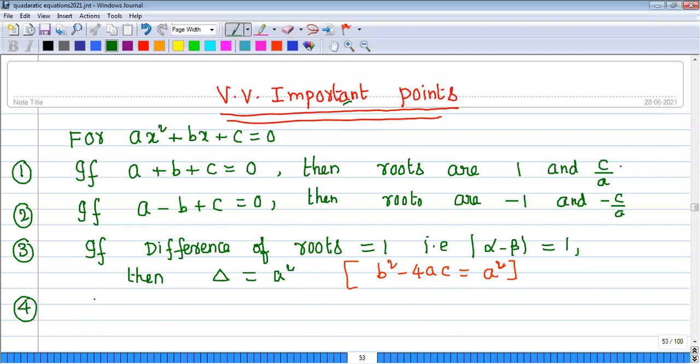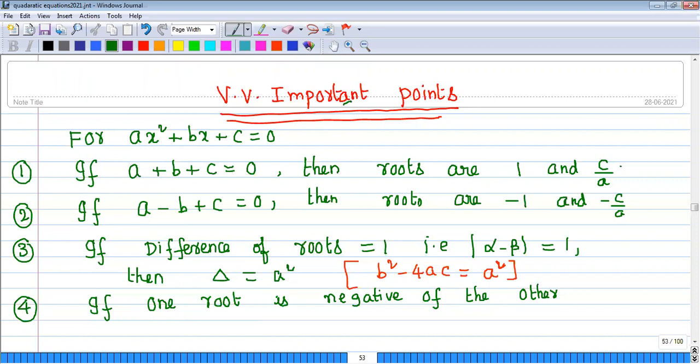If one root is negative of the other, please note down clearly, it is very important. That means if one root is alpha, the other root will be minus alpha. If one root is beta, the other root will be negative beta.